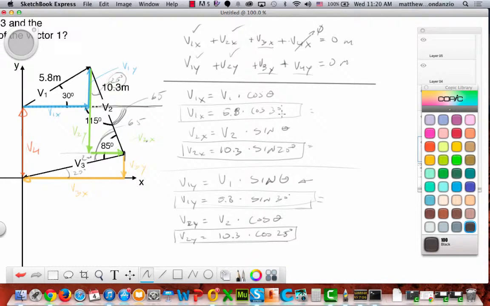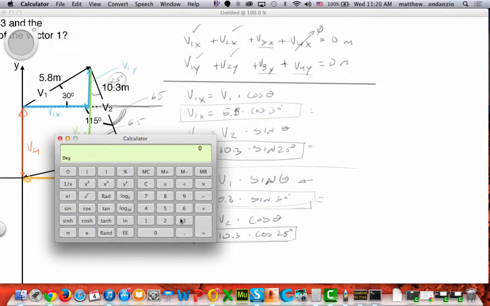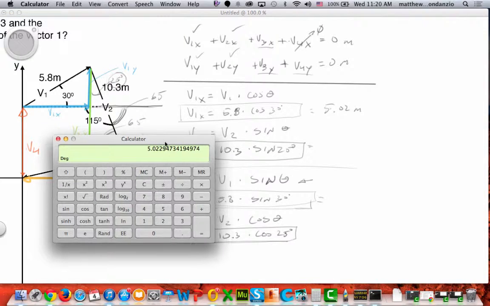So what's 5.8 cosine 30? 5.8 cosine 30 is 5.02 meters. You did say that was good, right?